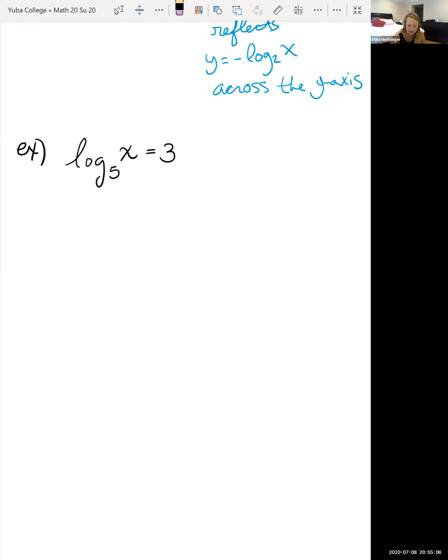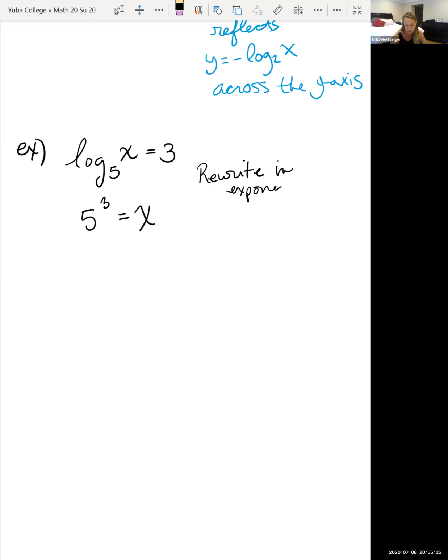Well, our answer is the power. Our exponent is 3, and the base 5 raised to it has to equal what we're taking the log of, which is x. So if you can't see it, rewrite in exponential form.